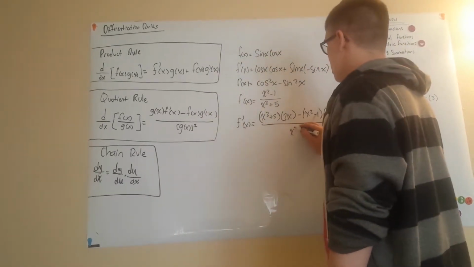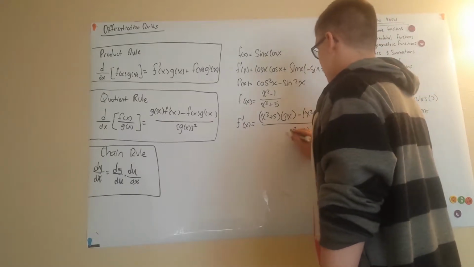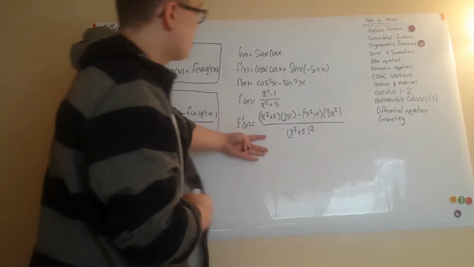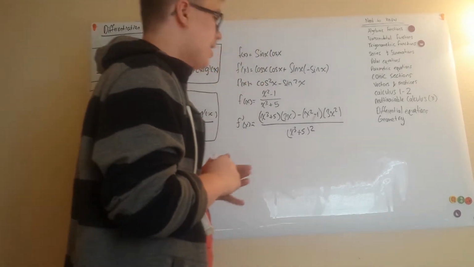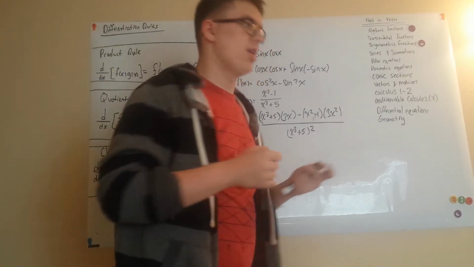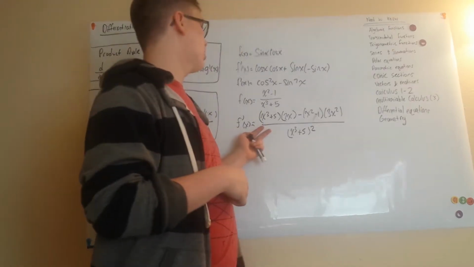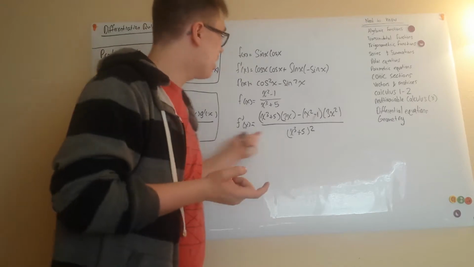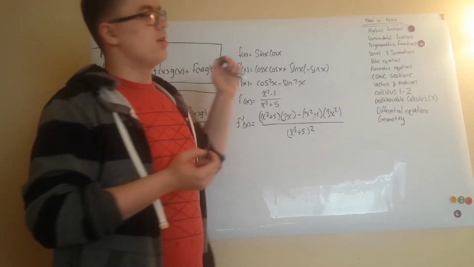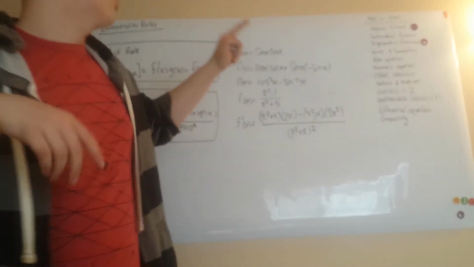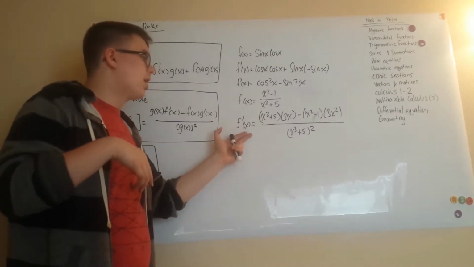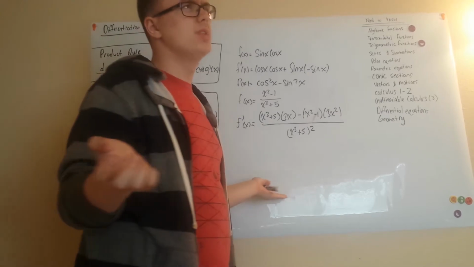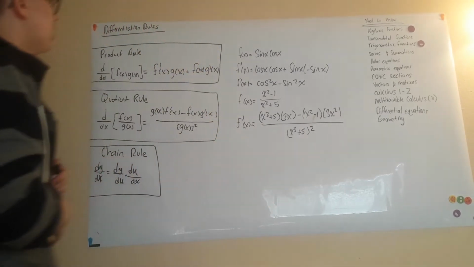And then you square the bottom. Leave it like this. In the textbook, your answer will be simplified. But just leave it because that's your derivative. You'll be asked some problems where you do have to simplify this, but just leave it like that for now because you just found a derivative. That's it. You don't need anything else.